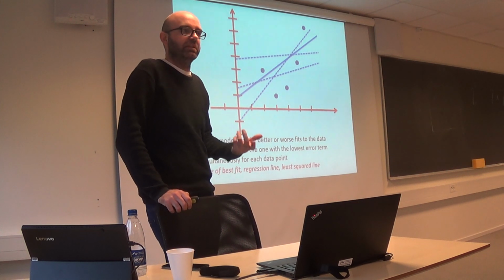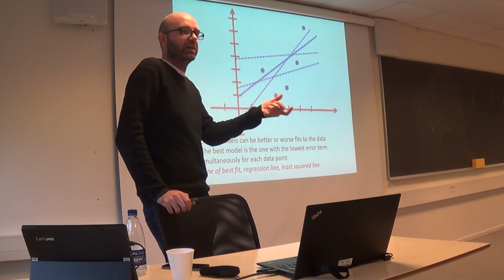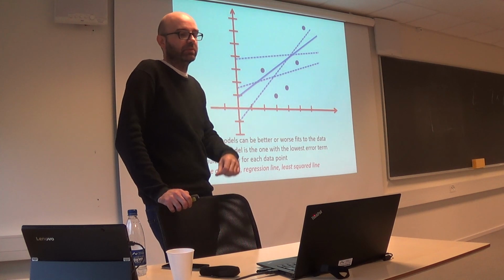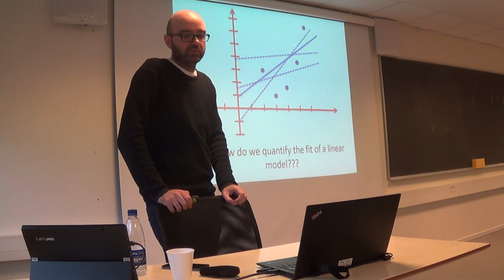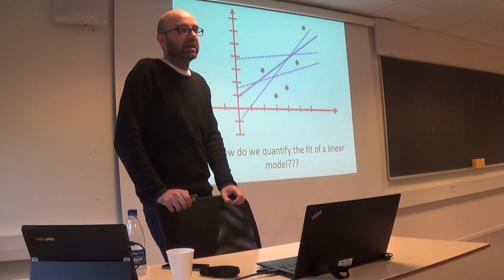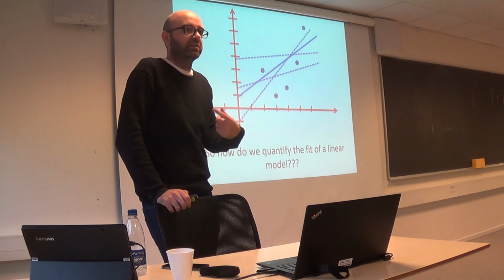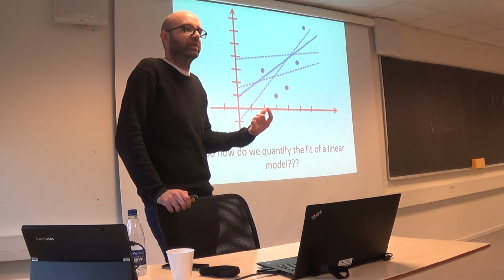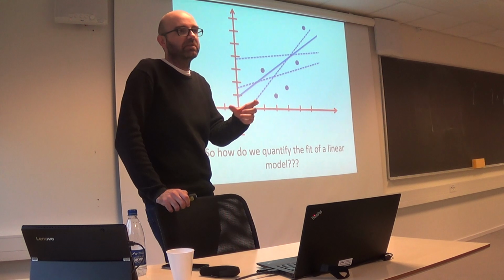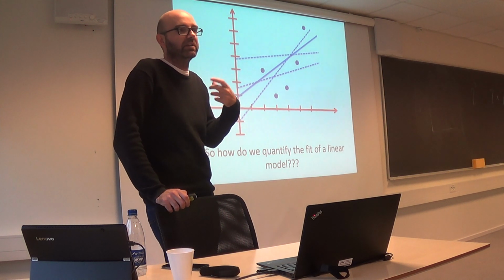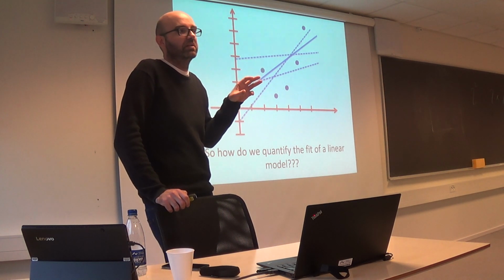And we want to be able to quantify this fit. We want to be able to quantify how well our model fits our data. That's one of the things that we're going to be very interested in. So how do we do that? Well, we start to go back to a concept that we started the day with. We go back to variance. We go back to variability. How much of the variance, or how much of the variability, how much of the data cloud can be explained by the model?